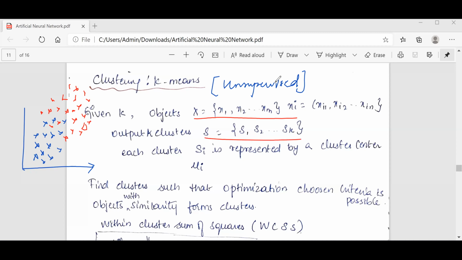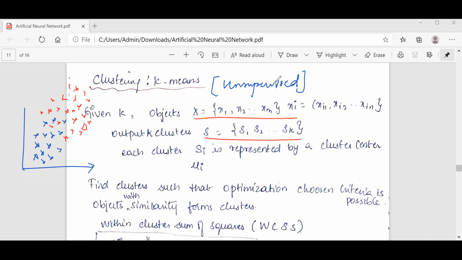Let me give you an example with respect to your class. I have certain people whom I have to categorize. I don't know your names, and I do not know how you look, but I really have to categorize you into two different groups: boys versus girls.